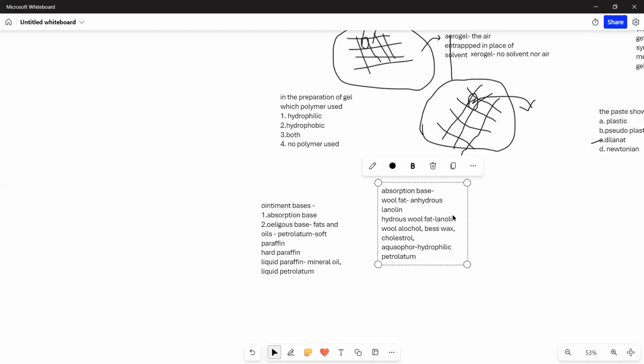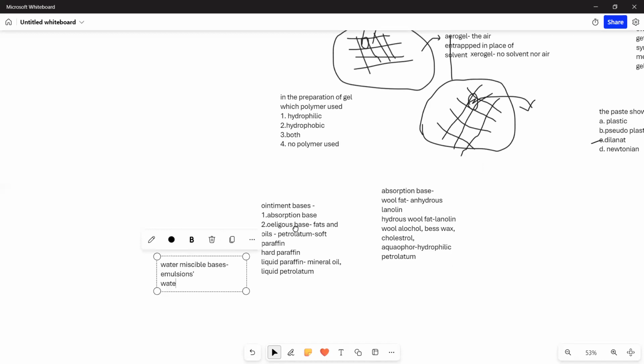Next, the other bases, the water miscible bases, which form emulsions, and there are also water soluble bases. Provide me the examples of the water soluble bases.